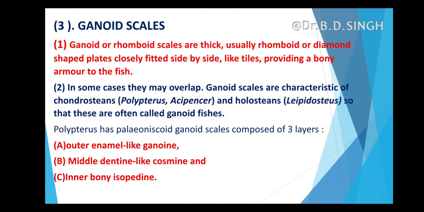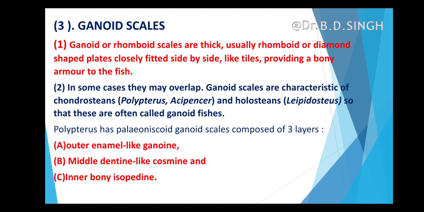Next, ganoid scales. The ganoid or rhomboid scales are thick, usually rhomboid or diamond-shaped plates closely fitted side by side like tiles, providing a bony armor to the fishes. Point number 2, in some cases, they may overlap.